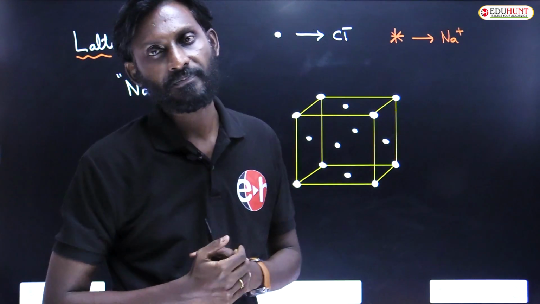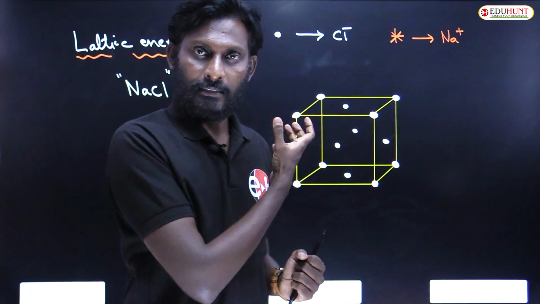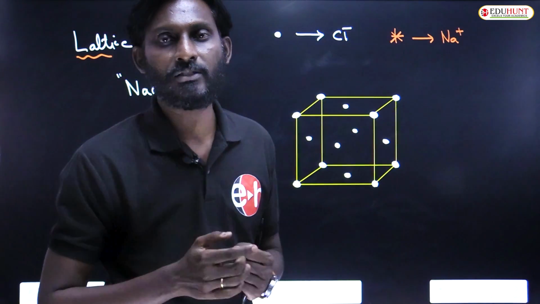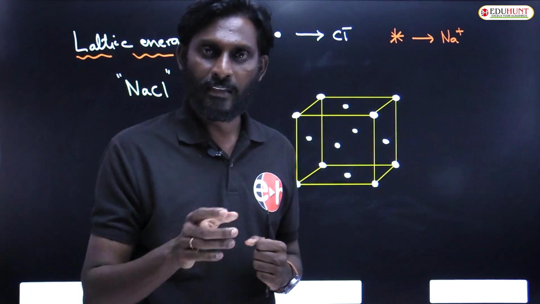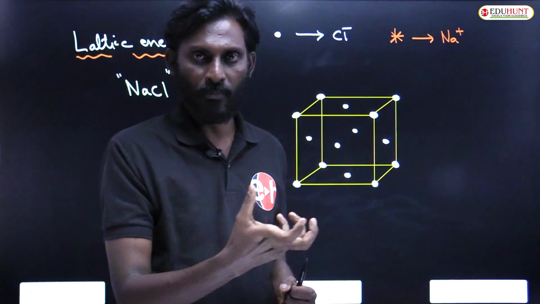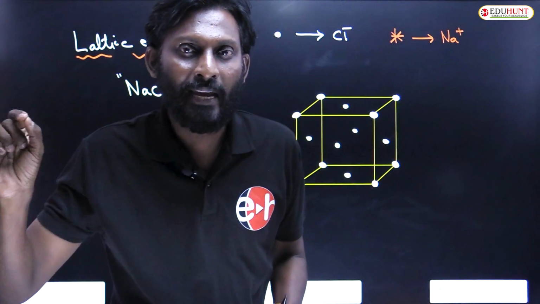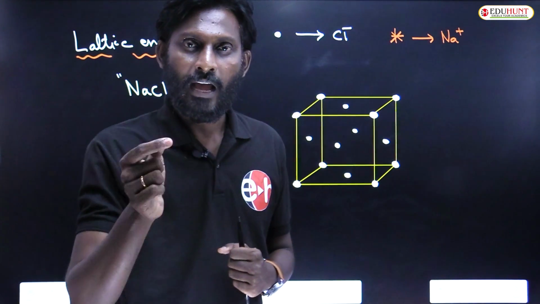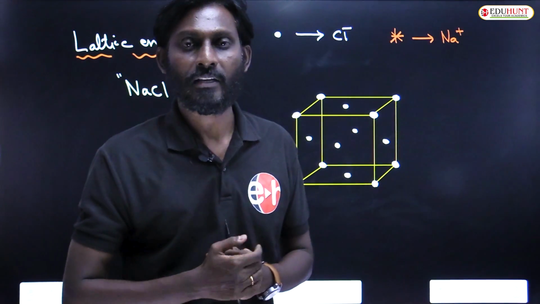Now what is important here is that in this cube all the important positions are occupied by anion only. See what happens generally in any ionic compound: important major positions are occupied by anion and the gaps or the voids are occupied by the cation. Why?